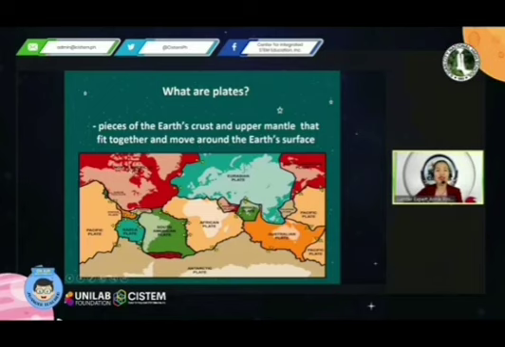In that picture, you can see the different plates, the major and the minor plates. You have the North American plate, Eurasian plate, and Antarctic plate. These are the major plates that you can see in the figure. You also have minor plates, but I'm not going to mention all of them.